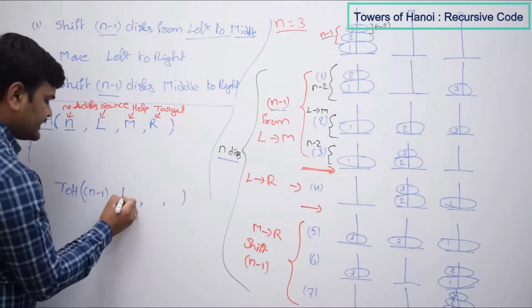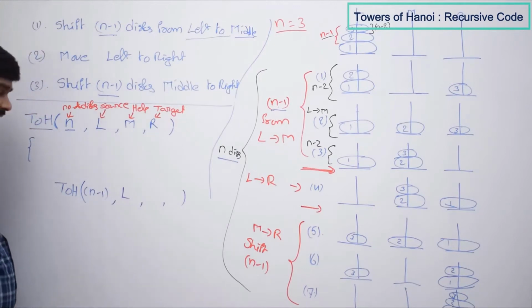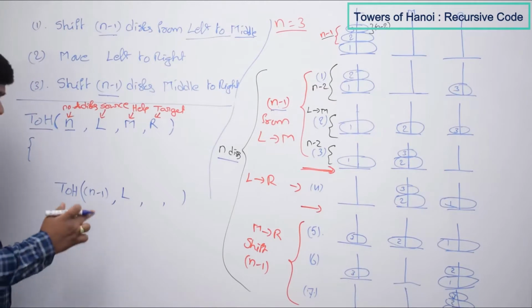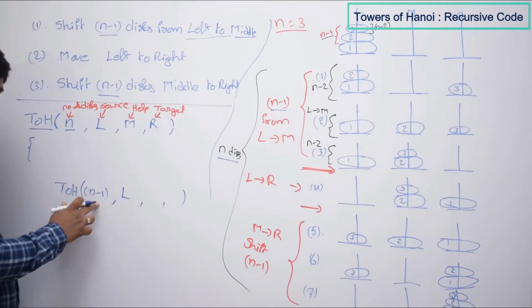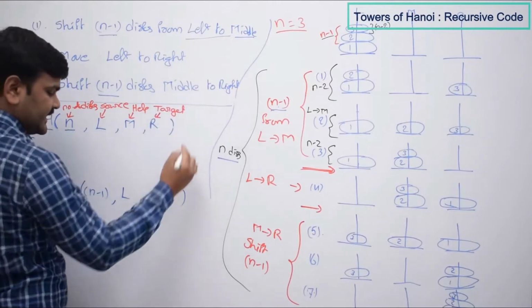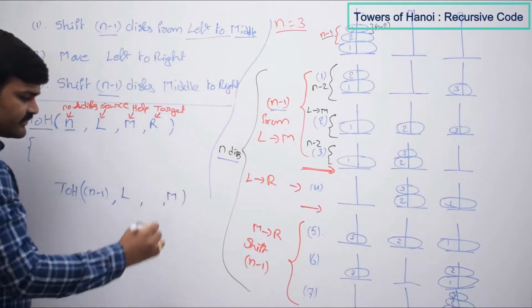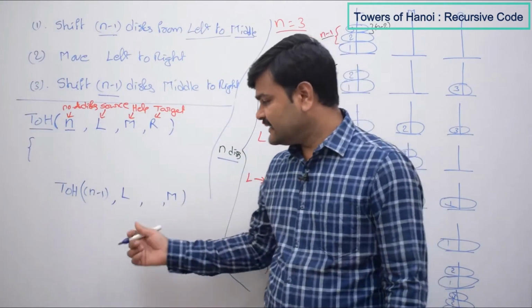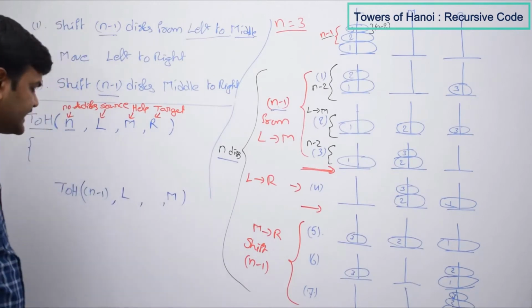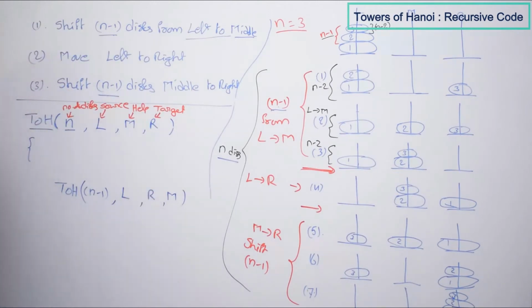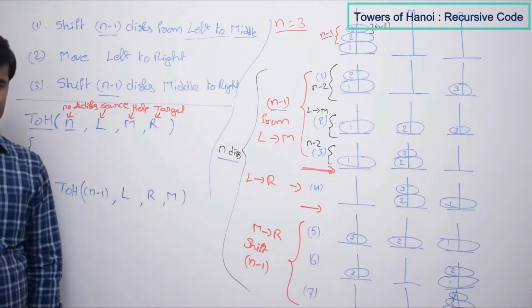So that means here left tower, and to where you have to shift these n-1 disks: from left to middle actually. That means M will become the target tower here, and then the remaining tower will always become the helping one, that is R. So R is the helping tower here.